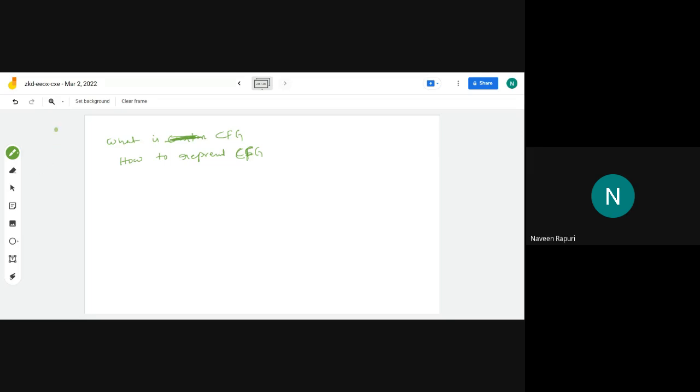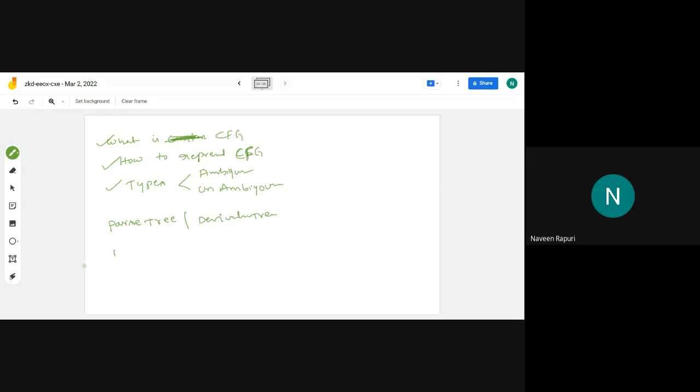So next one is what is context free grammar, how to represent context free grammars, and the types of context free grammars: ambiguous and unambiguous grammars. Coming to the next one, what is a parse tree, what is a derivation tree.